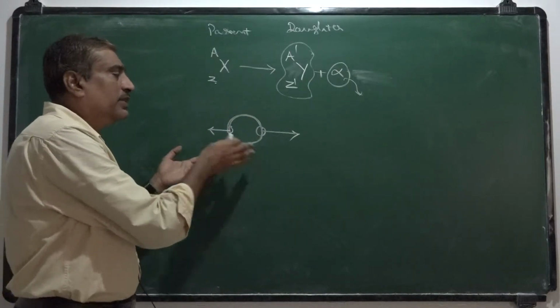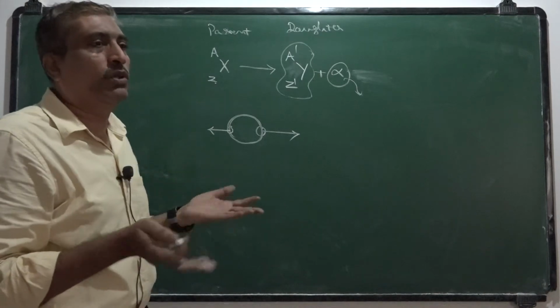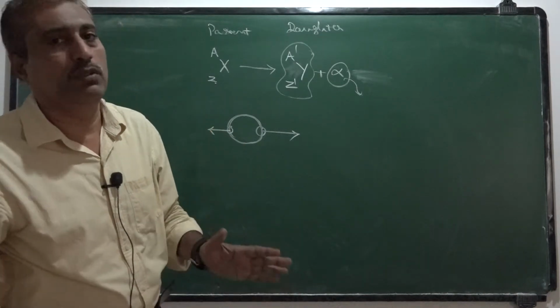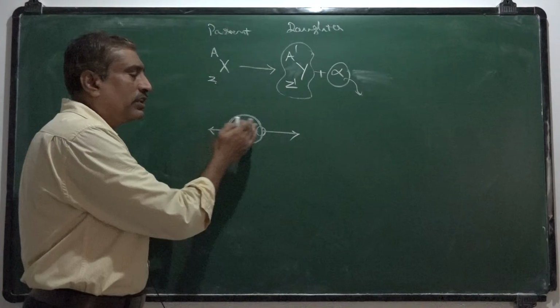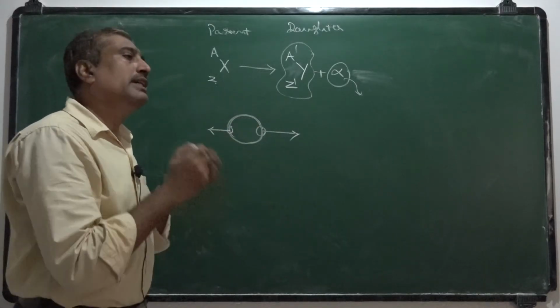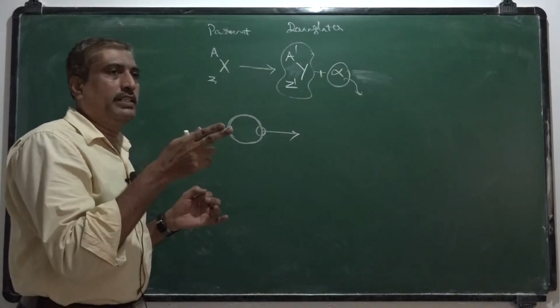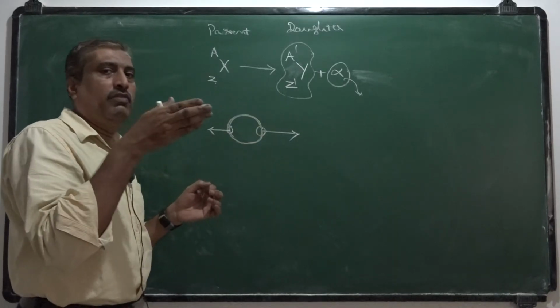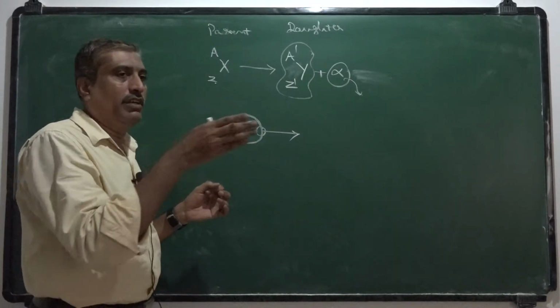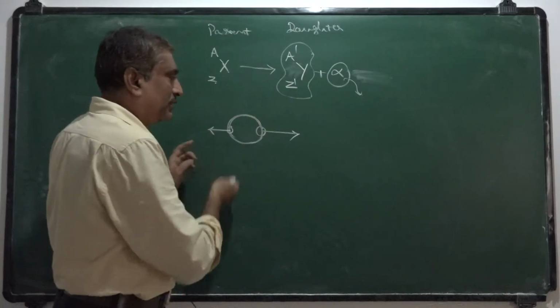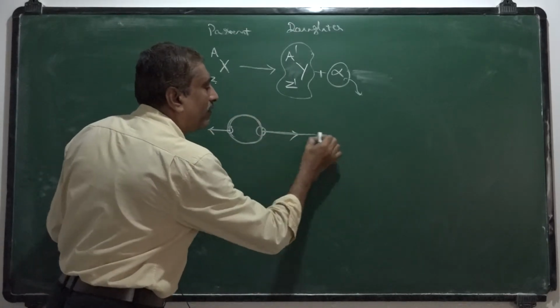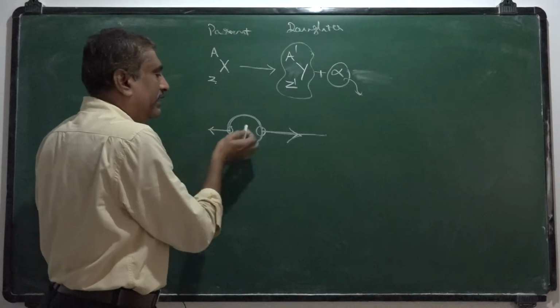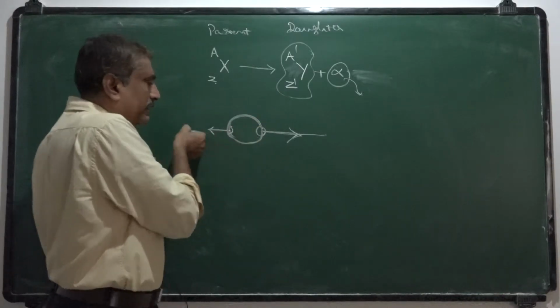After the emission also, the total momentum of the system has to be 0 by the law of conservation of momentum. Just like when a bullet is fired from a gun, the gun will recoil. Similarly here, when the alpha particle moves forward in this direction, the daughter nucleus recoils like this.